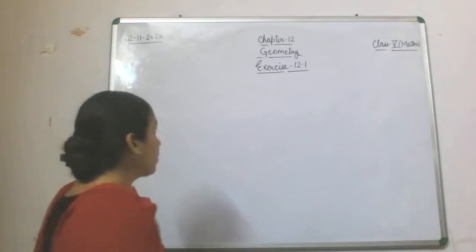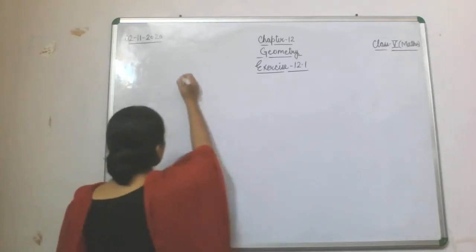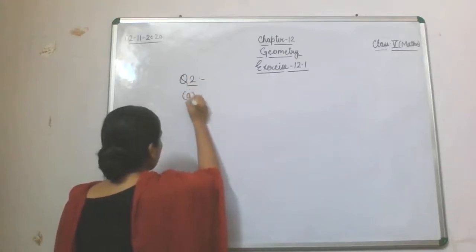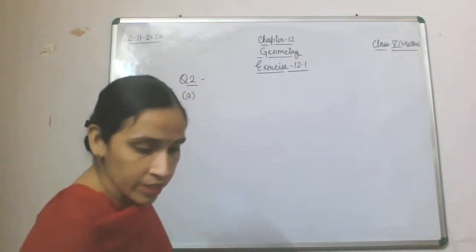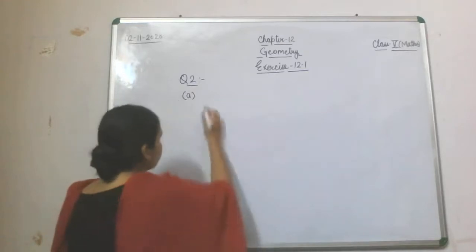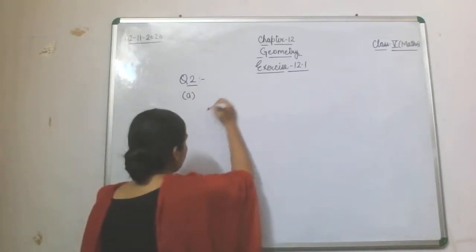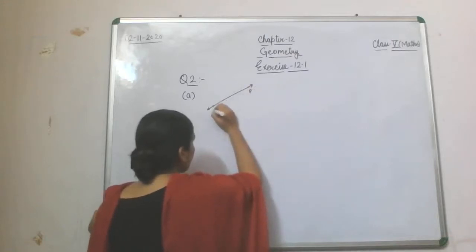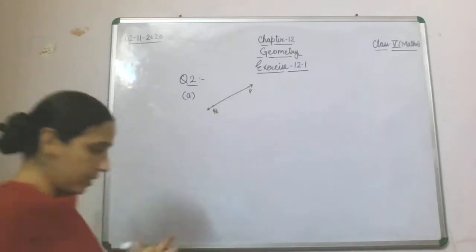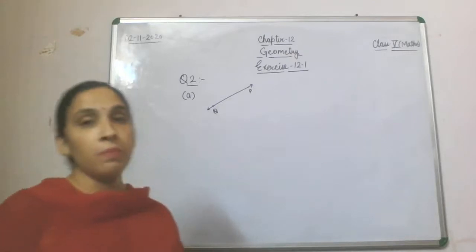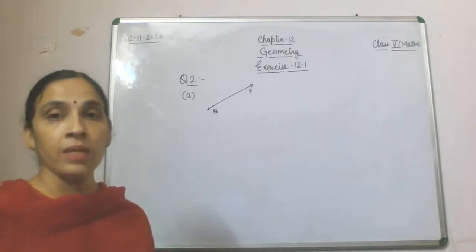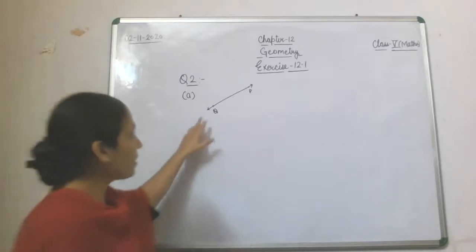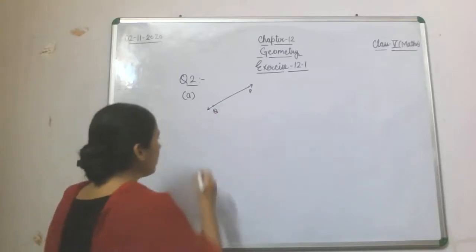Question number 2, A part. Let's draw the first figure. Look at the figure and then name it, whether it is a ray, line segment or line. It can be extended from both the sides. It means it is a line.